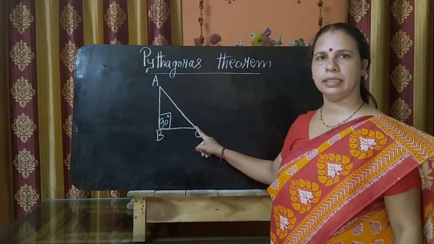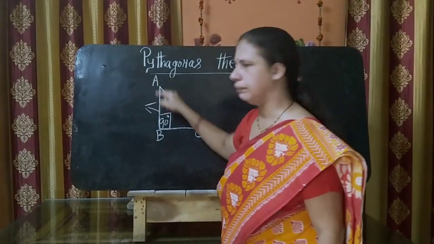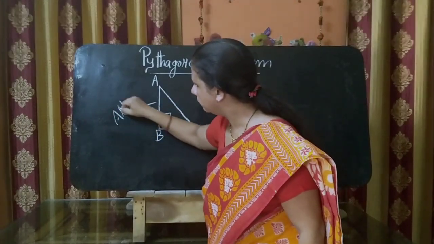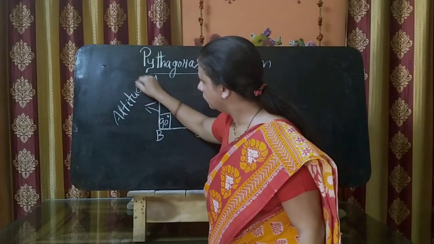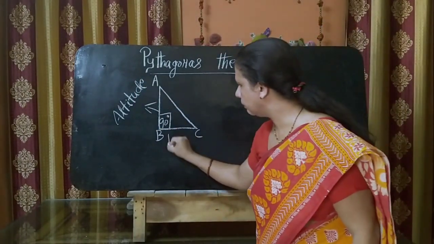In this right angle triangle ABC, this side AB is known as altitude or perpendicular. This side BC is base.